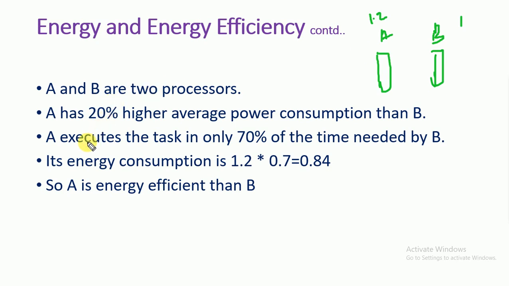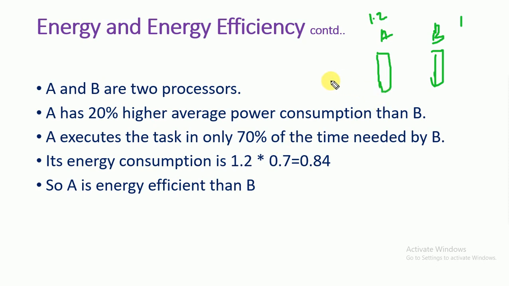Now, similarly, we will consider one more thing, because we are considering energy for a specific task. Energy is related to a particular task. So A executes the task in only 70% of the time needed by B.